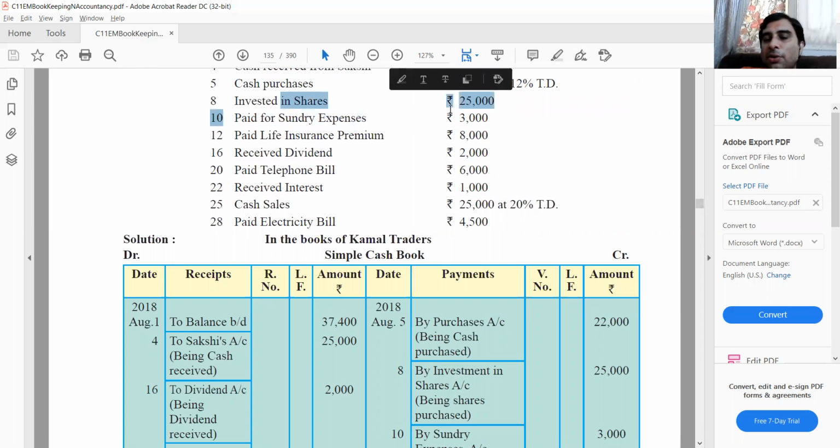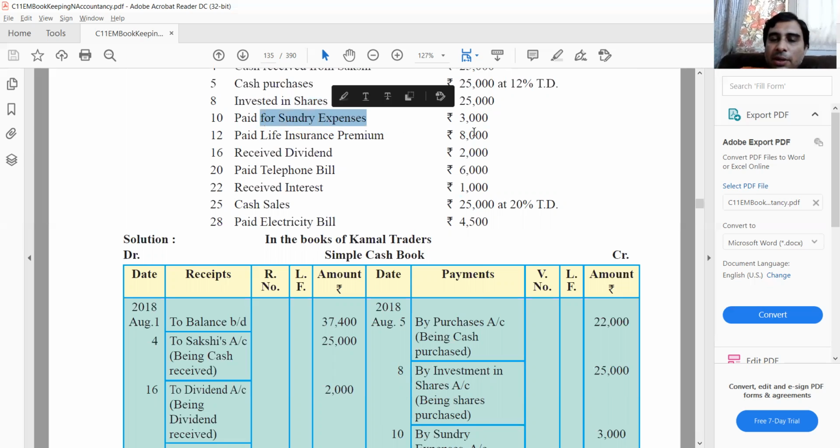Invested in shares, money goes out on the right hand side, by investment in shares or by shares, whichever is correct. Paid for sundry expenses, money goes out, right hand side, by sundry expenses. Paid life insurance premium. Now, this is nothing but drawings, because the business is an artificial person, so you cannot have life insurance of a non-human being.